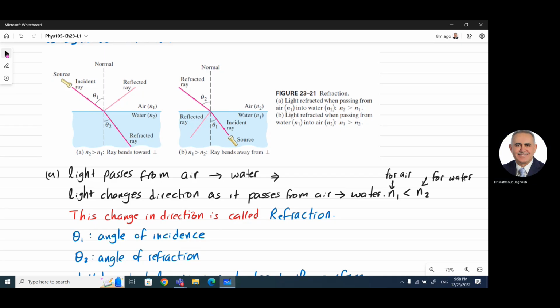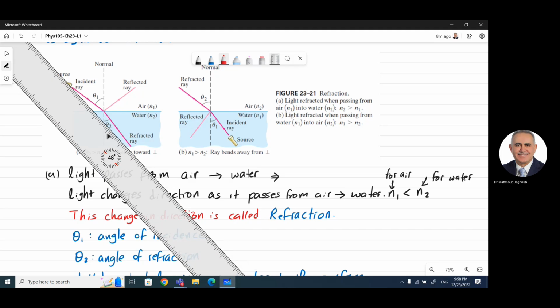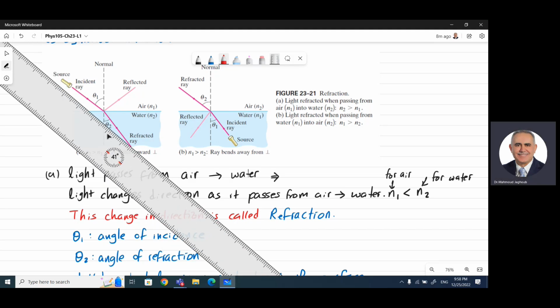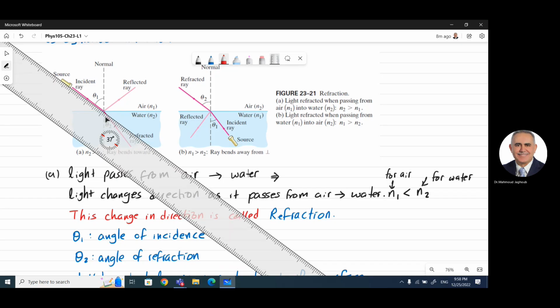Okay. Let me try and make this more clear. This is the angle of incidence, you see. So light did not go in a straight line. It bent. Did it bend closer to the normal or away from the normal?